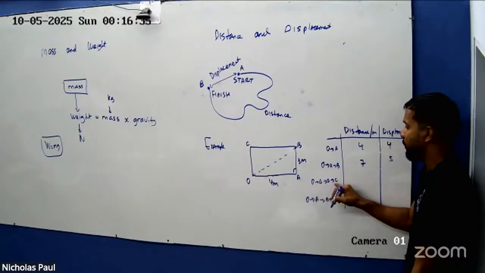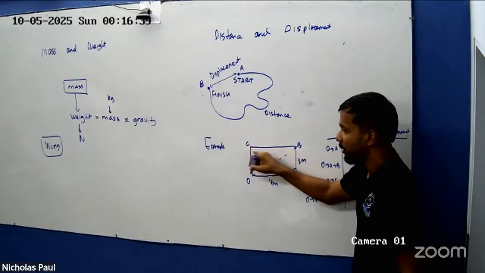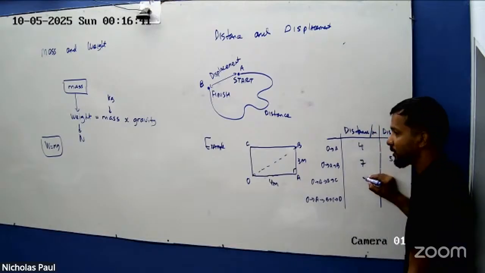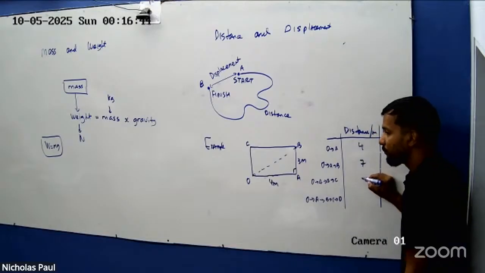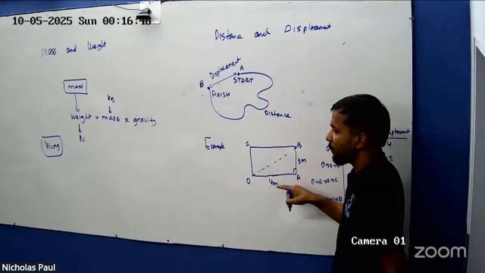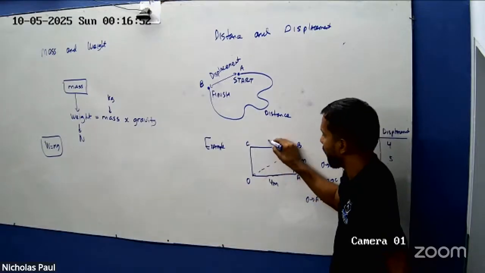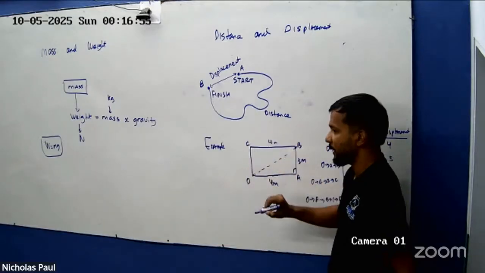Russ, your turn now. O to A to B to C. Start here, finish right here. What's the total distance traveled? How much is here, by the way? If here is 4, how much is here? It's a rectangle. Here is 4, right? If here is 3, how much is here?